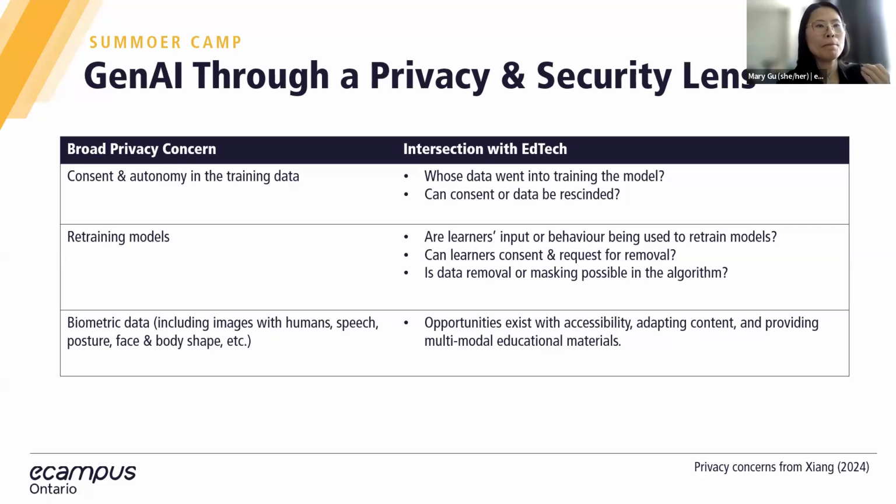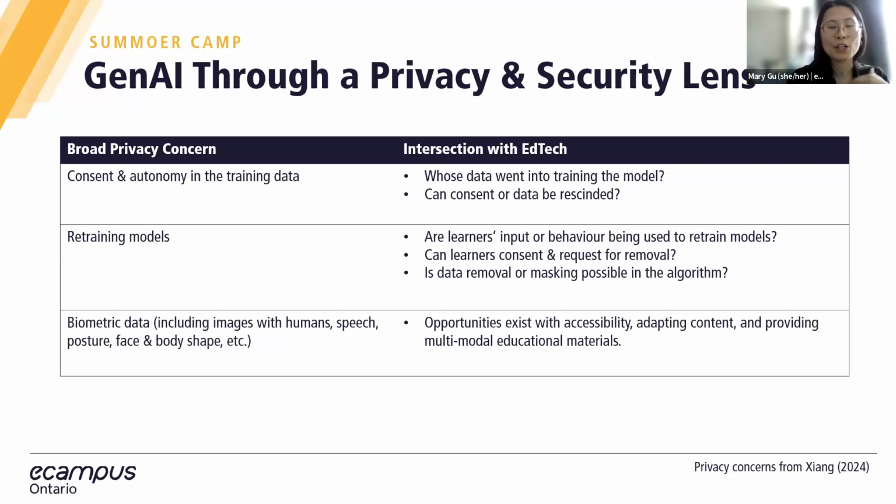Next, I want to talk a little bit about biometric data, which is a category of data that includes images with humans, speech, posture, how you move in the world. And this offers a lot of opportunities in terms of ed tech, such as making content or a learning experience more accessible, allowing a learner or an educator to adapt content.